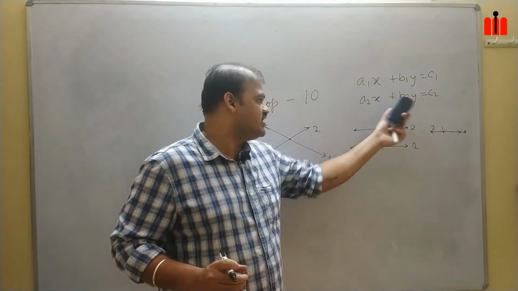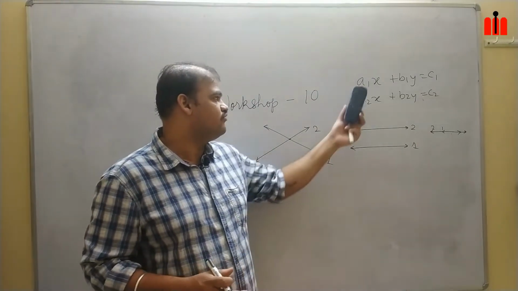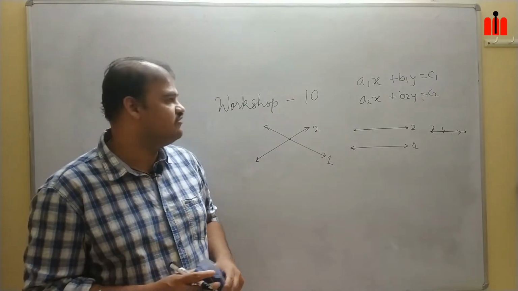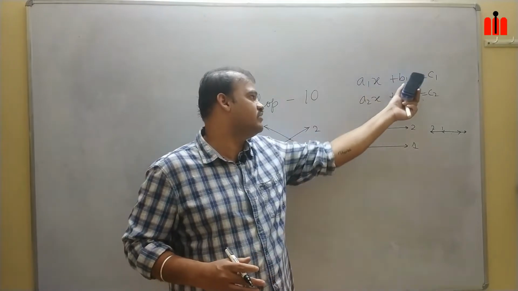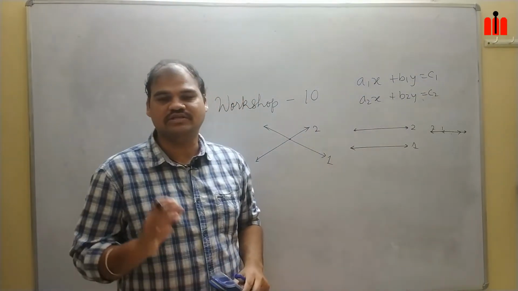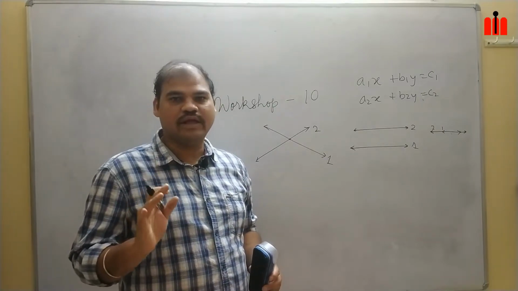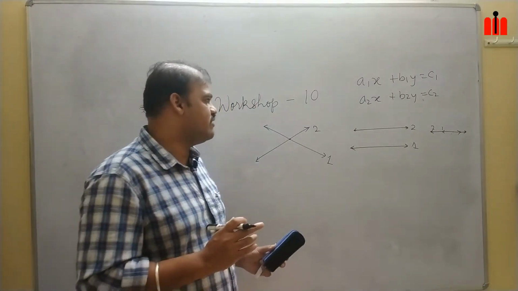Whatever equations I wrote, two equations in two variables of degree 1, are linear equations, since the power of x and y is 1. I can represent this in matrix form as well.